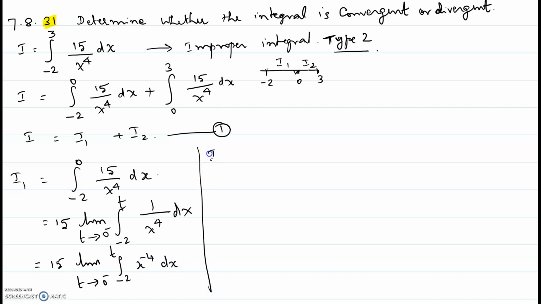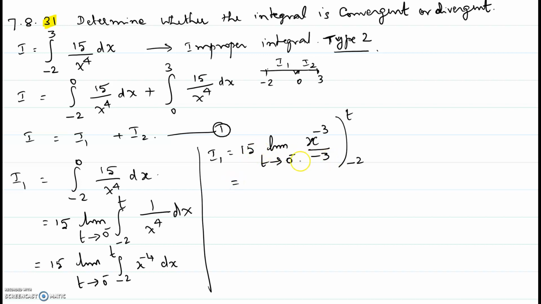So I1 would be 15 times, now we will apply the limit at the end, the limit as t approaches 0 from the left, 0 minus. The integral of x to the -4 is x to the -3 over -3, evaluated between -2 and t approaching 0 minus.